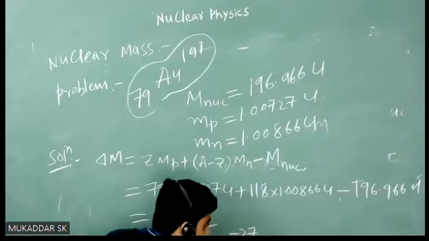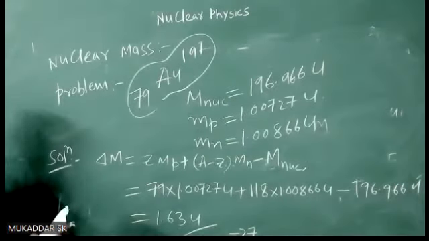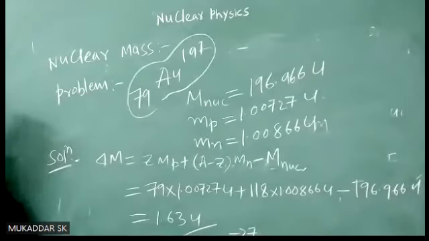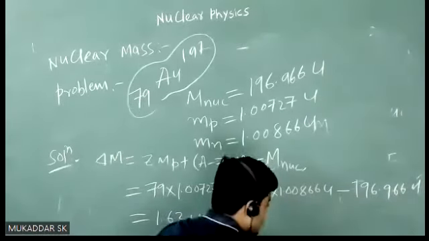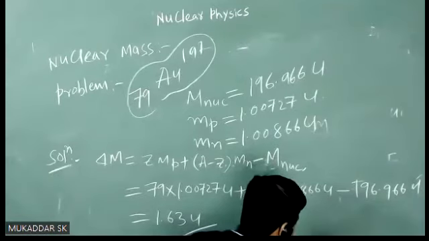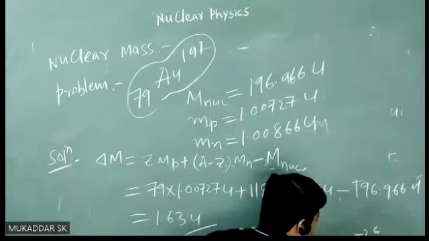If you calculate it, how much will you get? 2.7 into 10 to the power minus 27. Very good. Everybody got the answer. So it will be 0.27 into 10 to the power minus 26, right?